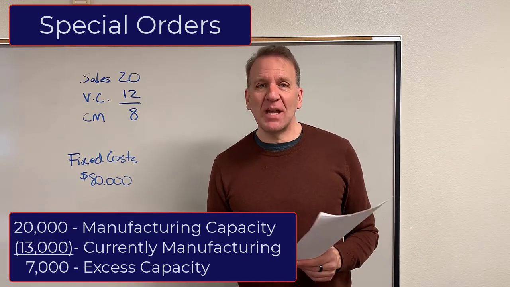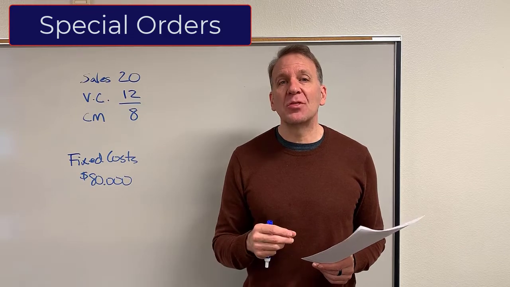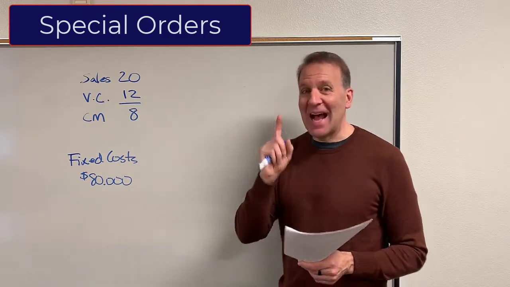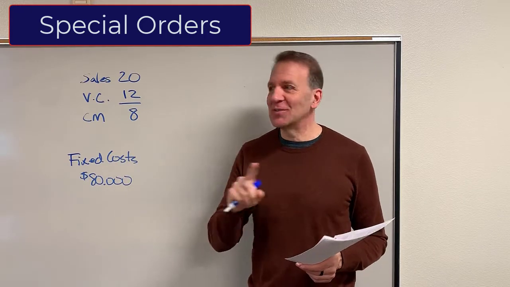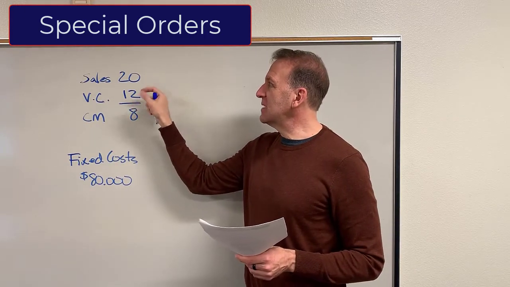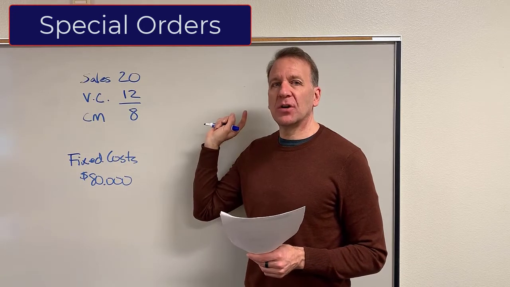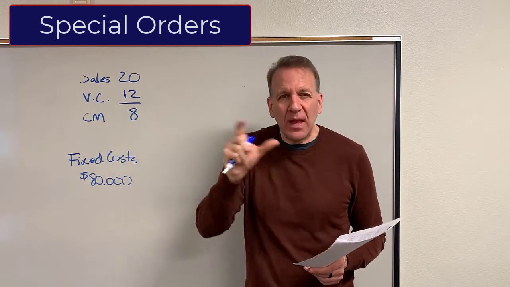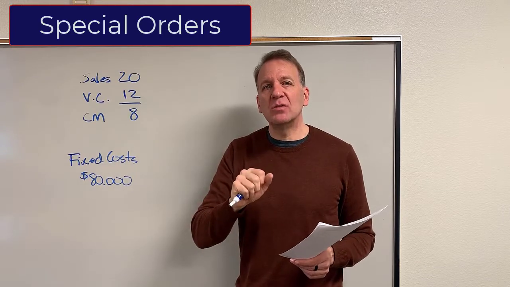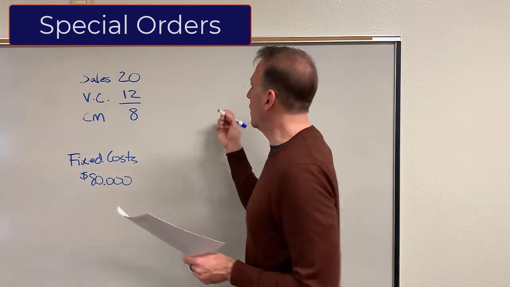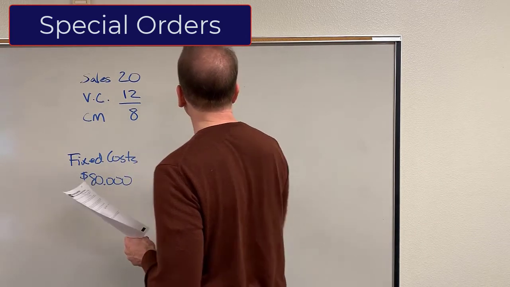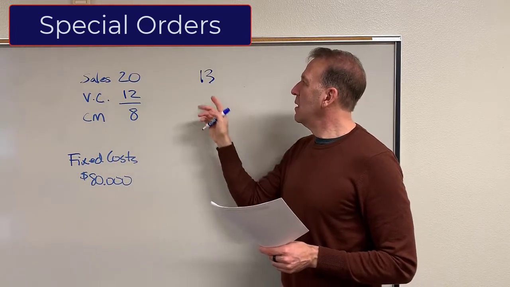Now, this customer tells us they want to pay $13 per soccer ball. That's changing between the alternatives. If we accept it, we're going to sell it for $13. If we don't, we won't get that $13. That sales price changes whether we do this or not, so it's relevant information.